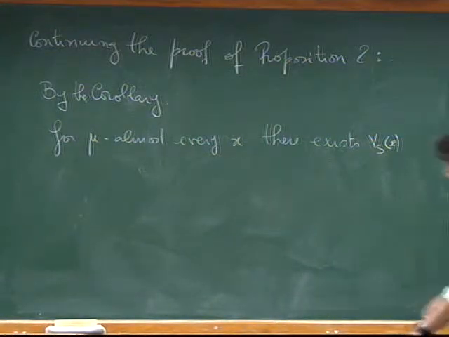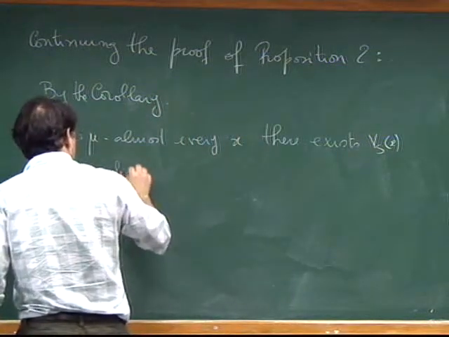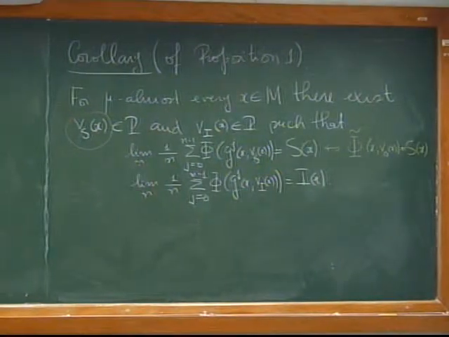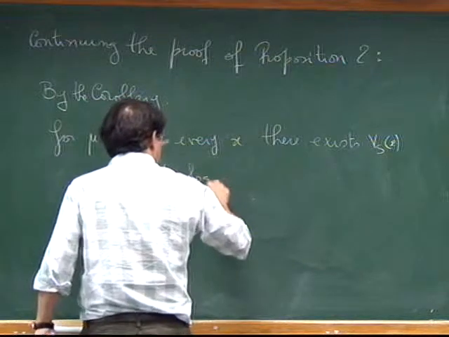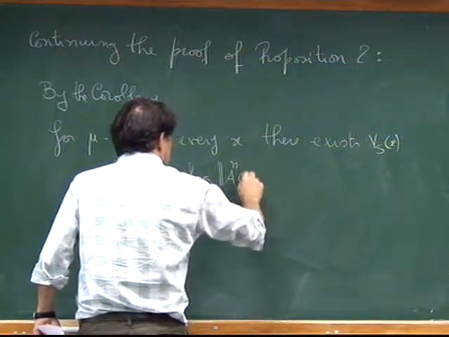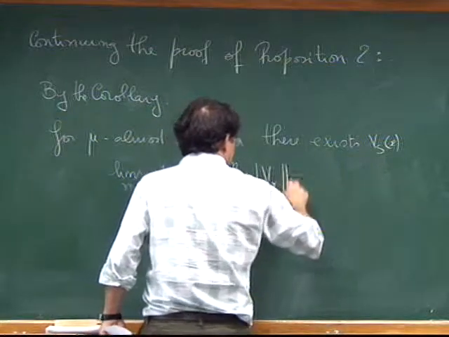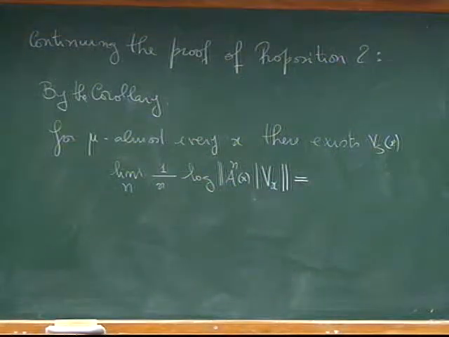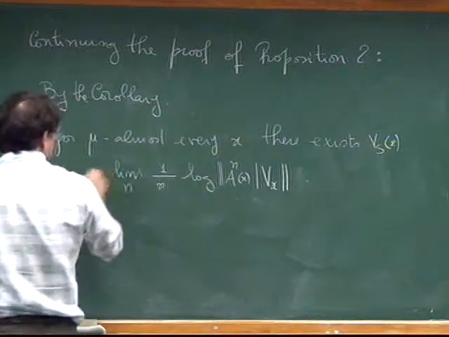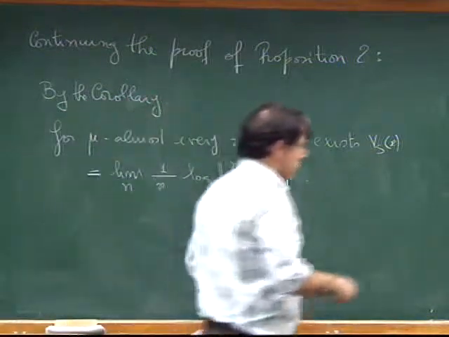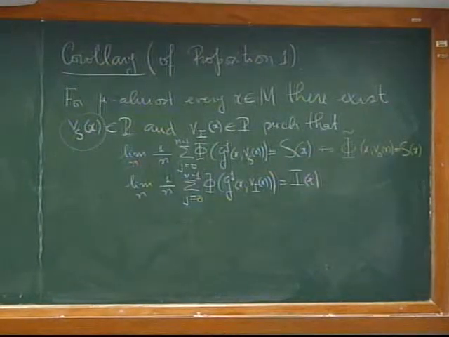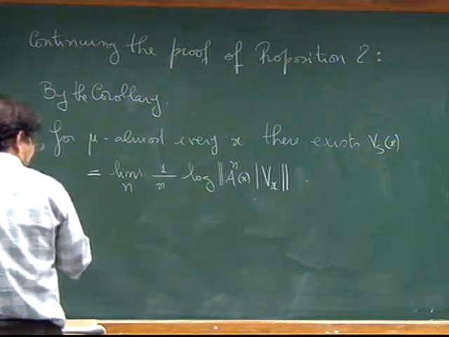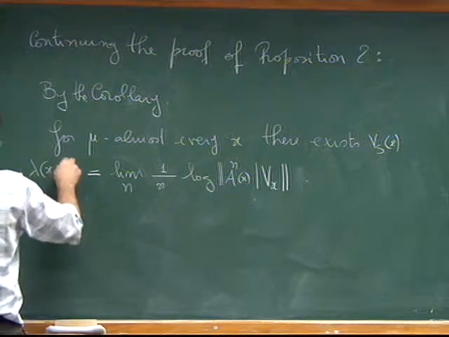But what does this equality mean? It means that the limit, just doing the translation, of 1 over n log of the norm of An x restricted to vs of x is equal to this side here, and this side is lambda x, vs of x.